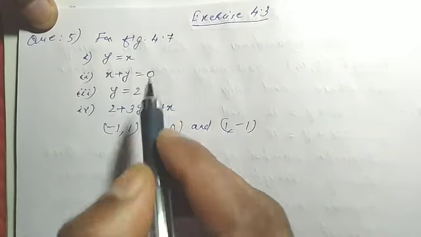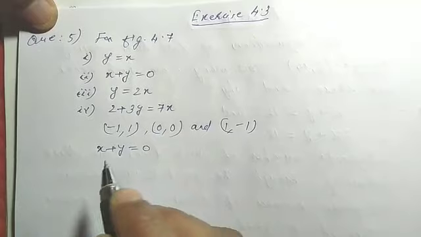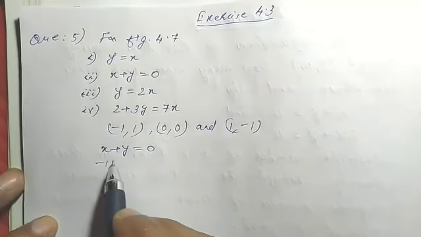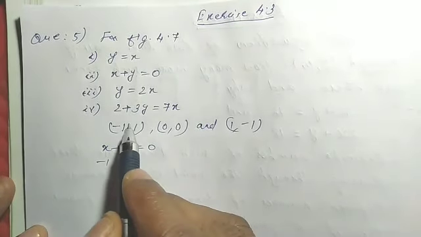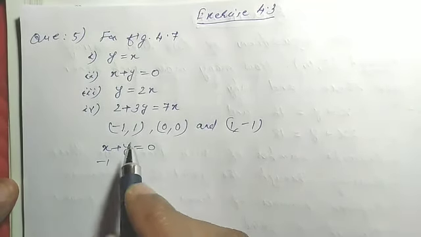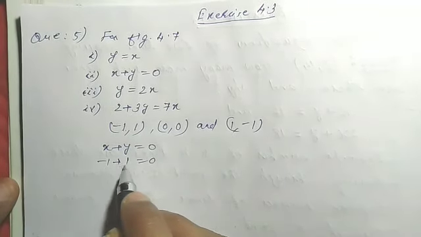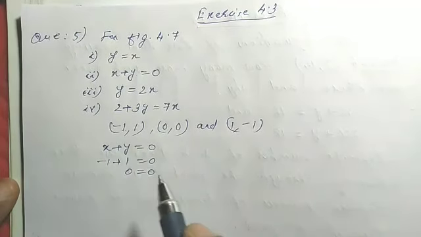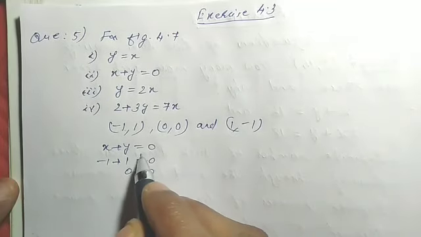The second one is x plus y is equal to 0. Let's substitute these solutions in this equation. -1 plus 1 is equal to 0, so (-1, 1) satisfies this equation. Next, (0, 0): 0 plus 0 is equal to 0.